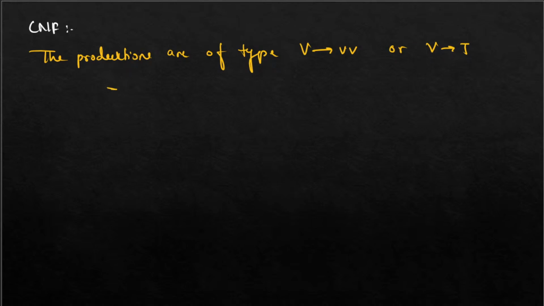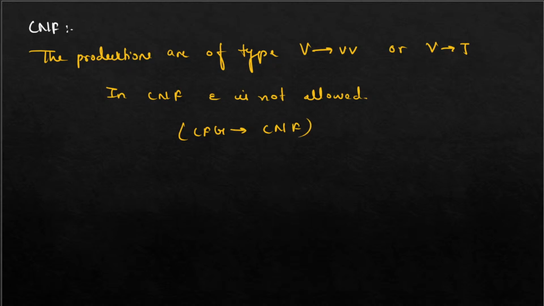In CNF, epsilon is not allowed, and the algorithm for converting CFG to CNF.